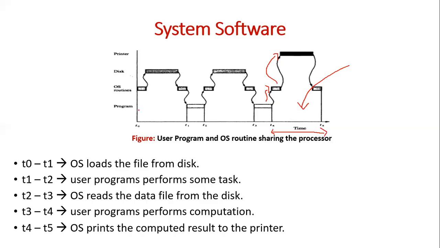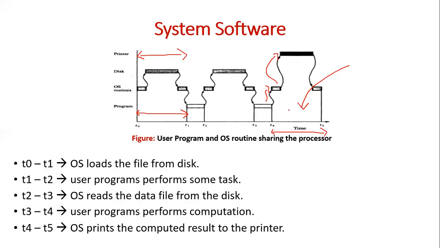Similarly, if you see this time T0 to T1, during this time the operating system is loading that program. During this time the printer is free, so if a previous print operation is pending, then the processor can perform this print operation.